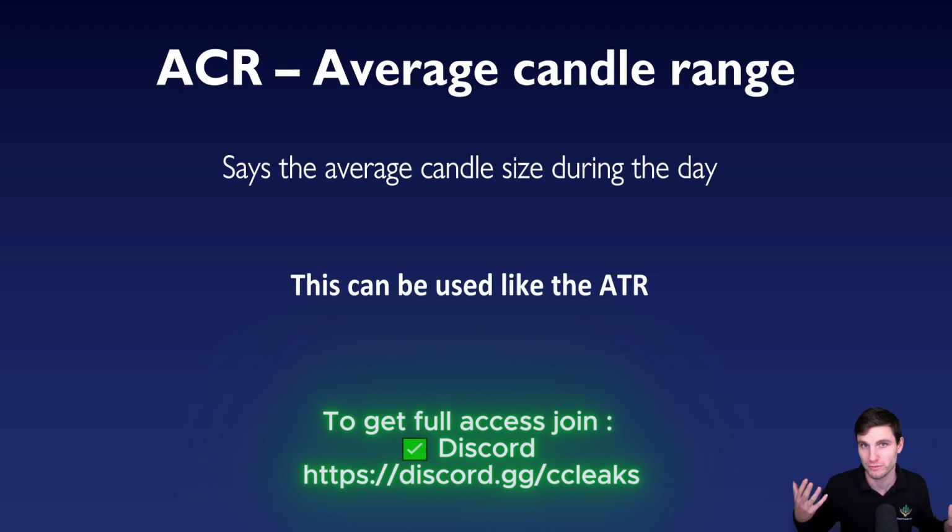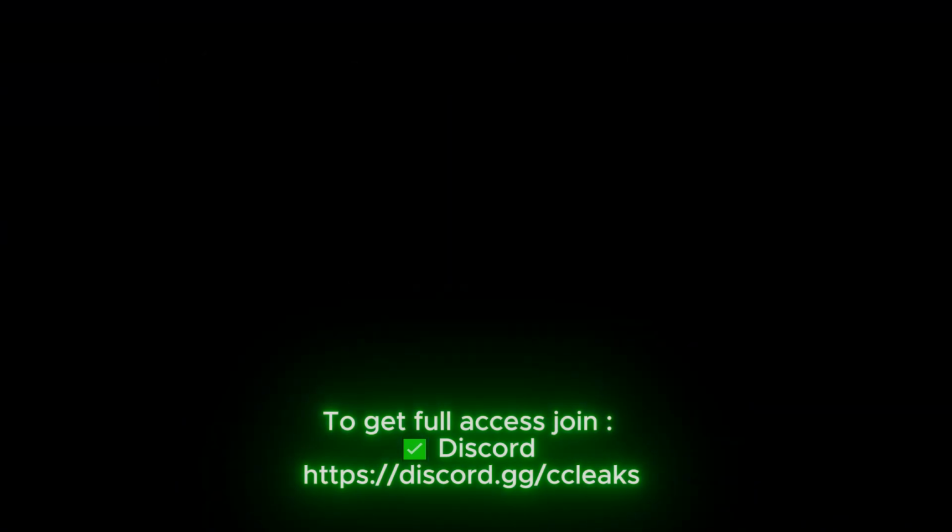If they're looking to short the top of the range and it's got a bit of a rejection, then they might put their stop loss $600 above the range high, thinking to themselves, okay, if we go above the average candle size above the high, I want to be out of the trade. That's not really a method I would use, but hey, you could possibly introduce that into your strategy.